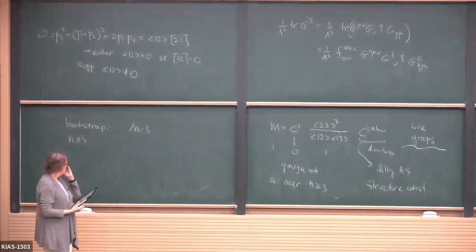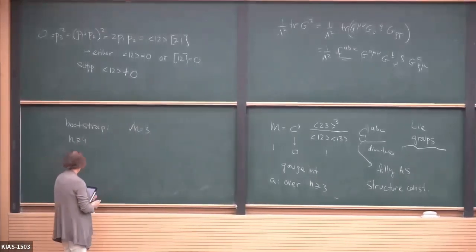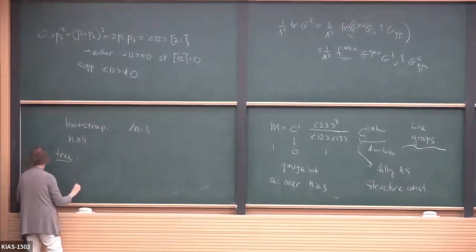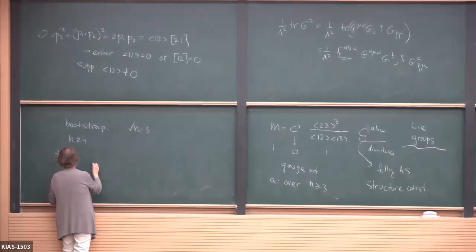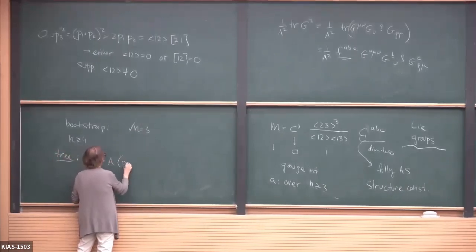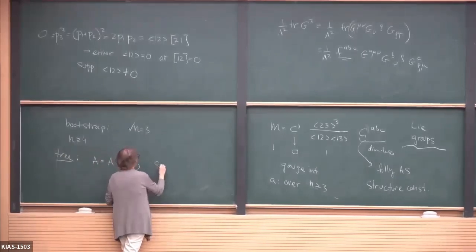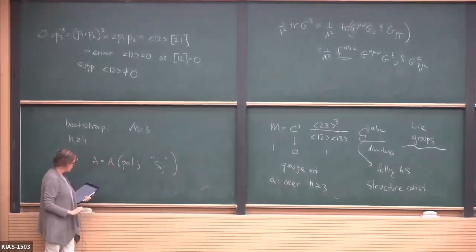Okay, so for now, everything I'm going to say is going to be at tree level. So I'm interested in looking at some amplitude A, and we said before that this is a function of the polarizations and what I'm going to call the Lorentz invariants.